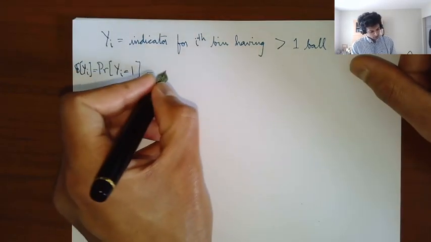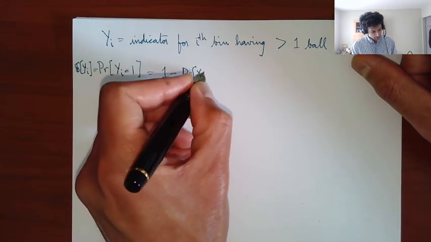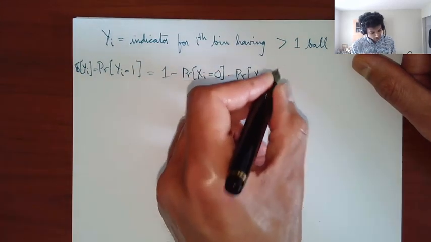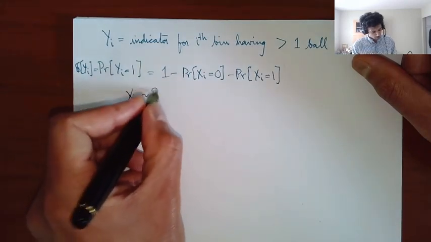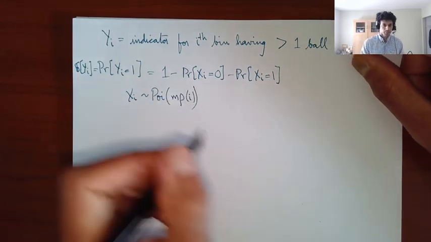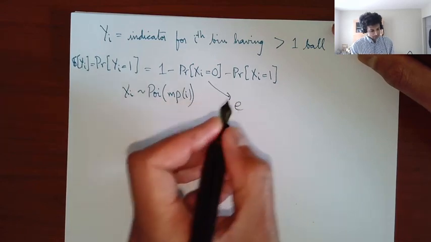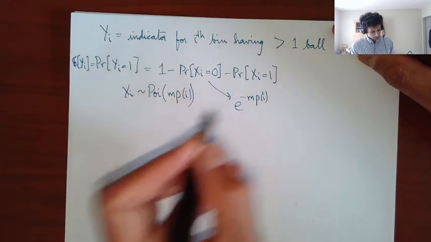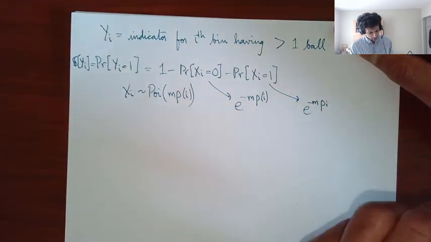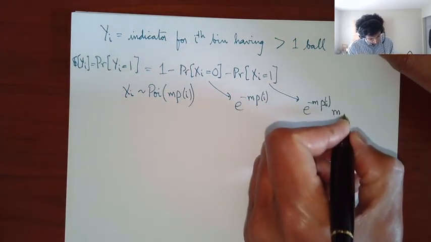Now this is 1 minus the probability that xi is equal to 0 minus the probability that xi is equal to 1. And xi was drawn from a Poisson with parameter MPI. So this probability is exactly e to the minus MPI, and this probability is exactly e to the minus MPI times MPI.